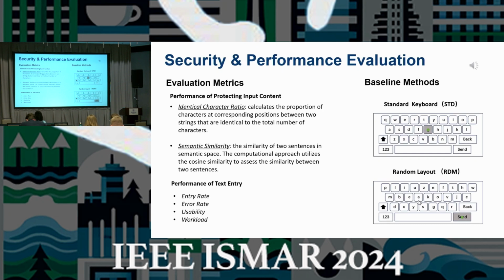Identical character ratio measures how many characters matched between two strings based on their position. Symmetric similarity compares the meaning of two sentences. To assess the text entry performance, we calculated the entry rate, error rate, usability, and workload.